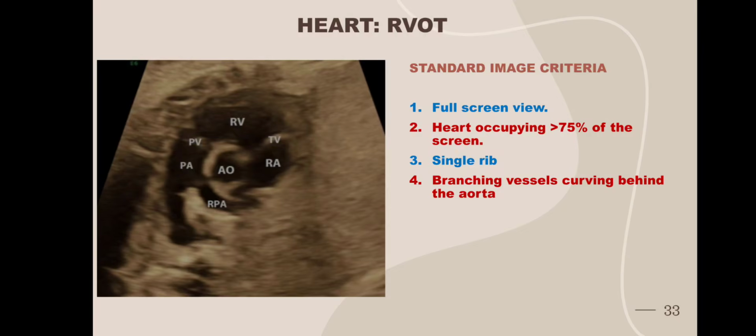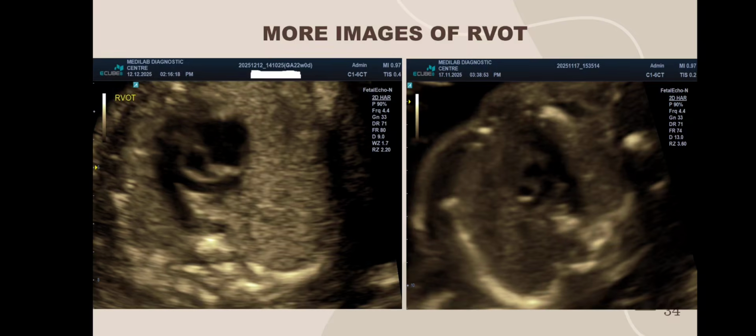Branching confirms that this is actually the right ventricular outflow tract. Left ventricular outflow does not branch, but right ventricular outflow always branches. More images of RVOT. See the branching right ventricular outflow tract.